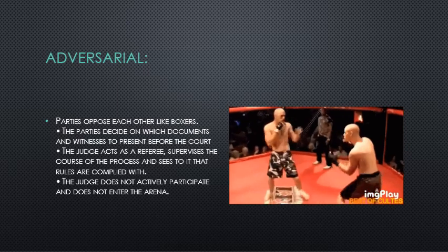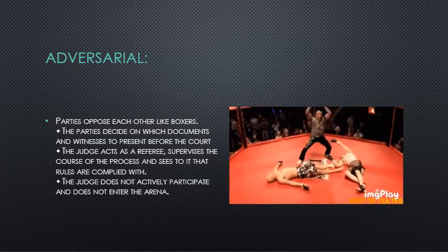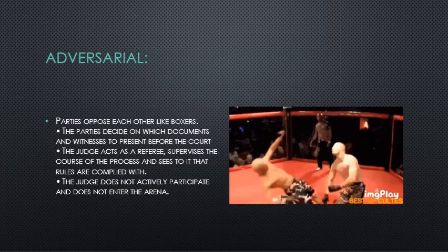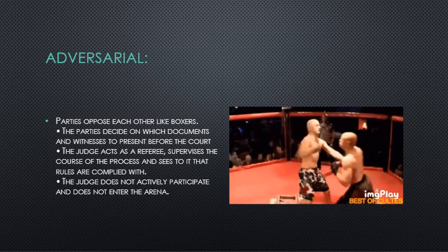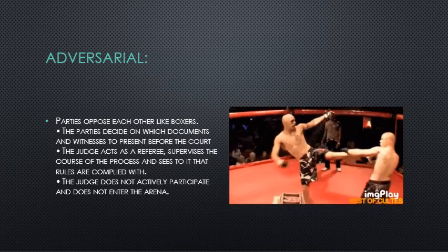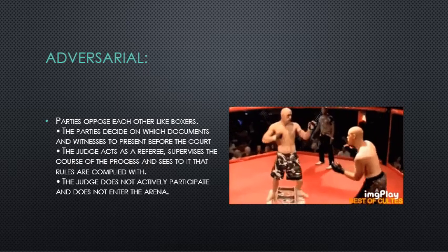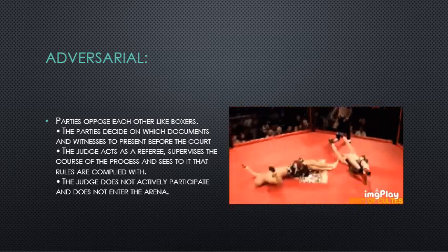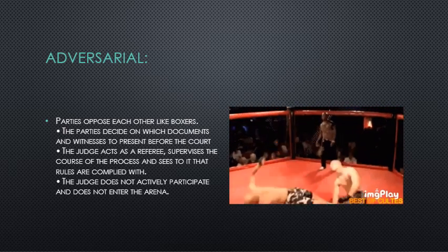So it somewhat is a reflection of when the two boxers, as you see from the slide, are fighting to win, right? Both of them are fighting to win, and then we have the referee who comes in and gives a judgment and says, okay, you are the one who has won or you are the one who has lost.